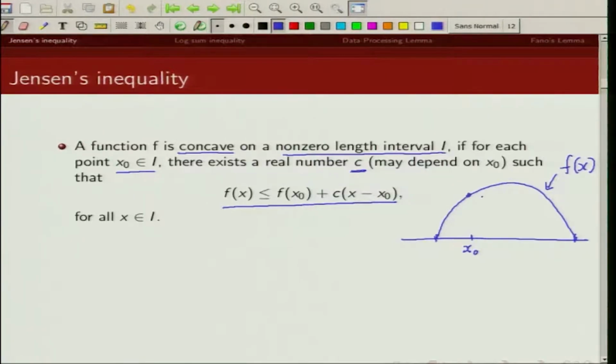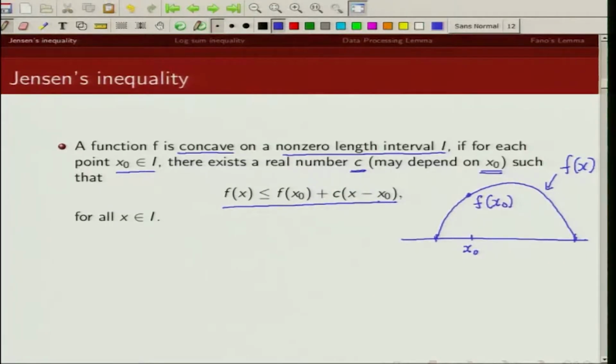That is this point. So there exists a real number c, of course the value of c will depend on x naught, such that function f of x is below f of x0 plus c times x minus x naught. What is c times x minus x naught?